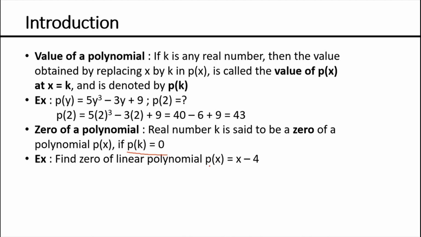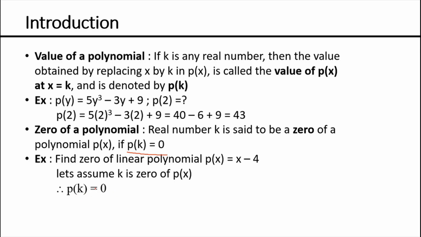Find zero of the linear polynomial p(x) equal to x minus 4. So what we have just learned is that zero of a polynomial is that value of x where the value of polynomial p(x) becomes 0. So in order to find the zero of this polynomial, we will assume that k is the zero of polynomial p(x). So we need to find that value of k where p(k) becomes 0.